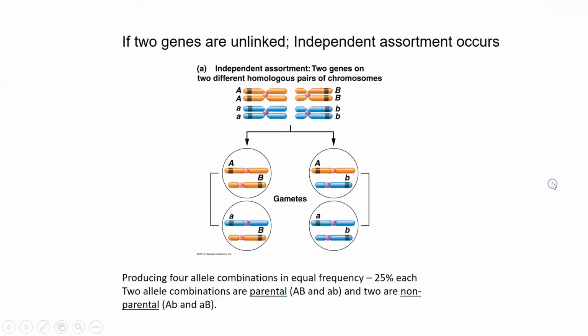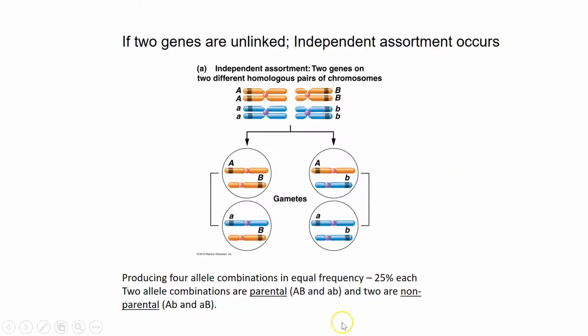Unlinked genes, and this is just basically repeating what we just saw on the video. Two genes, gene A determining one trait, gene B determining another trait. A double heterozygote is heterozygous at both genes. All four possible allele combinations can occur in equal frequency, and you see four different phenotypes.